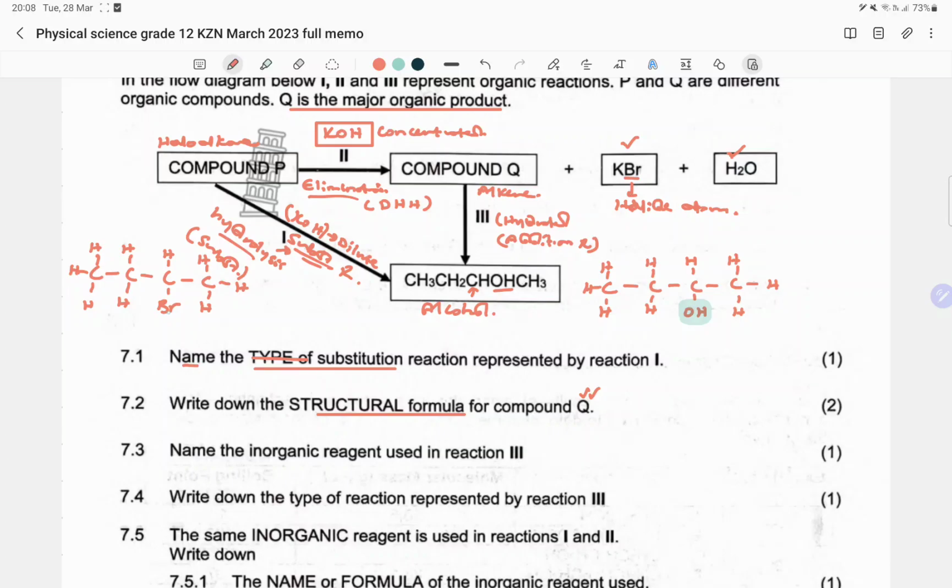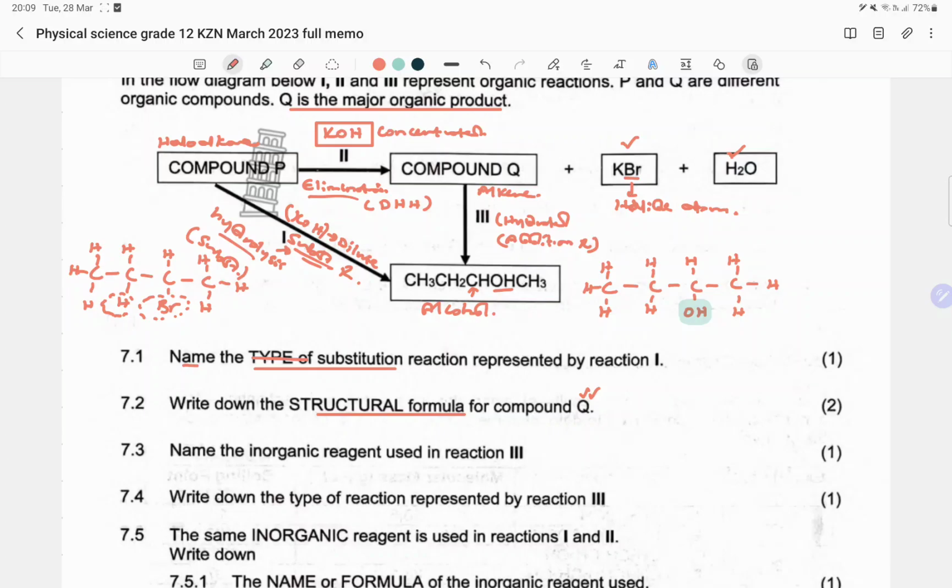Now we removed this halogen, and when we're doing the elimination reaction here, we follow the so-called Zaitsev's rule, isn't it? Yes. So when we eliminate, we're going to eliminate the hydrogen from the carbon with the least hydrogens. You see, these ones have the most, so we can't take from these. We will take from this one. So we essentially took these out. Those are the two that were eliminated.